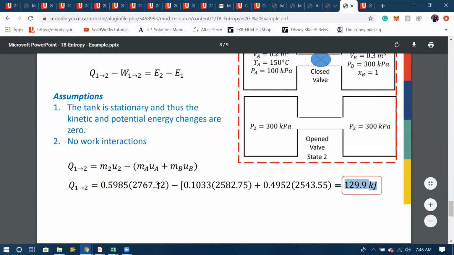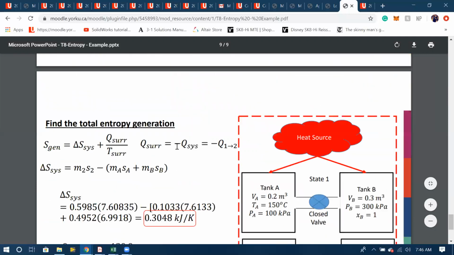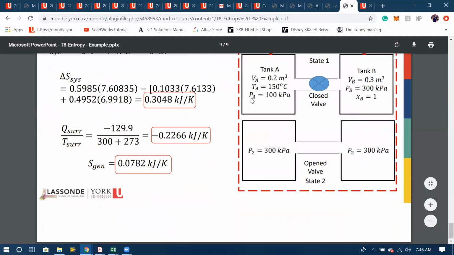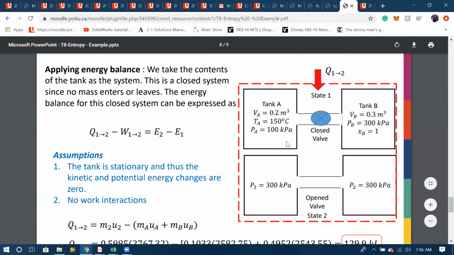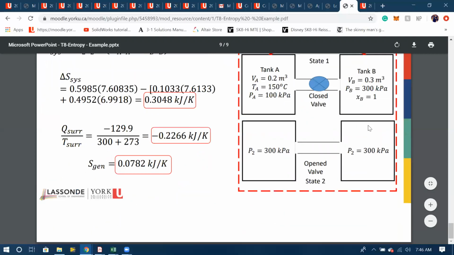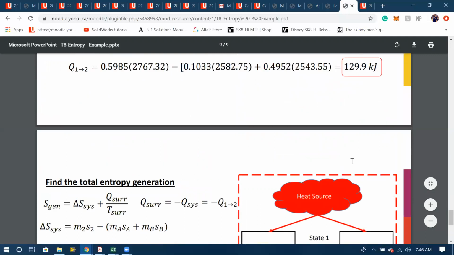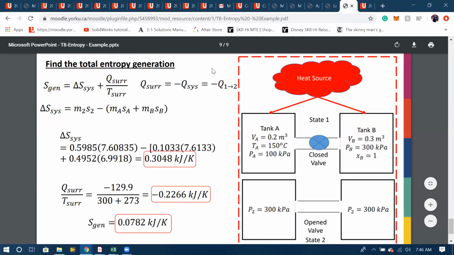Either he can write Q in or he can write Q as a positive number. But once he is doing the total Sgen, his definition of the system is different. That's why the Q is positive here and negative here, because over here he's taking into account the surroundings.